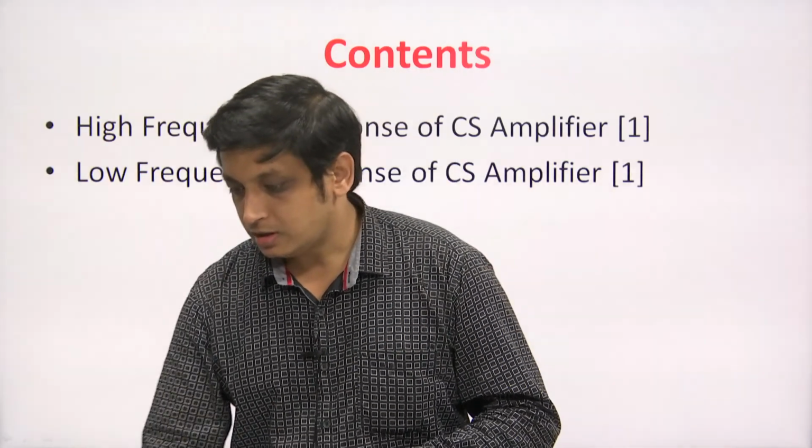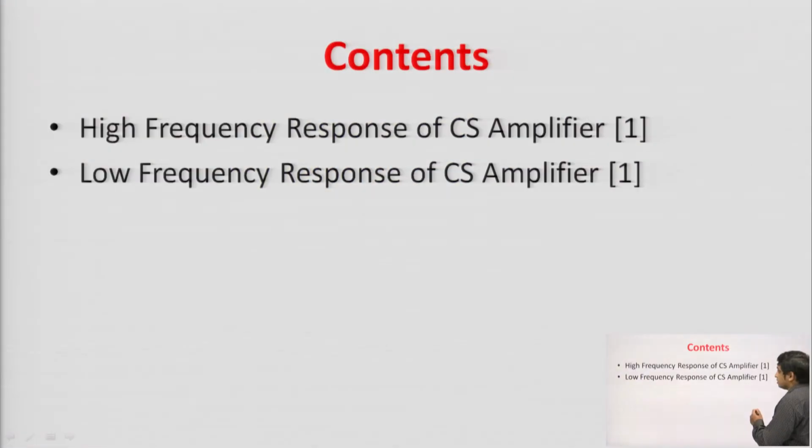In this class, I am going to discuss high frequency response of CS amplifier and low frequency response of CS amplifier, that is common source amplifier. Before this, in lecture 11, I had discussed the frequency response of CS amplifier.